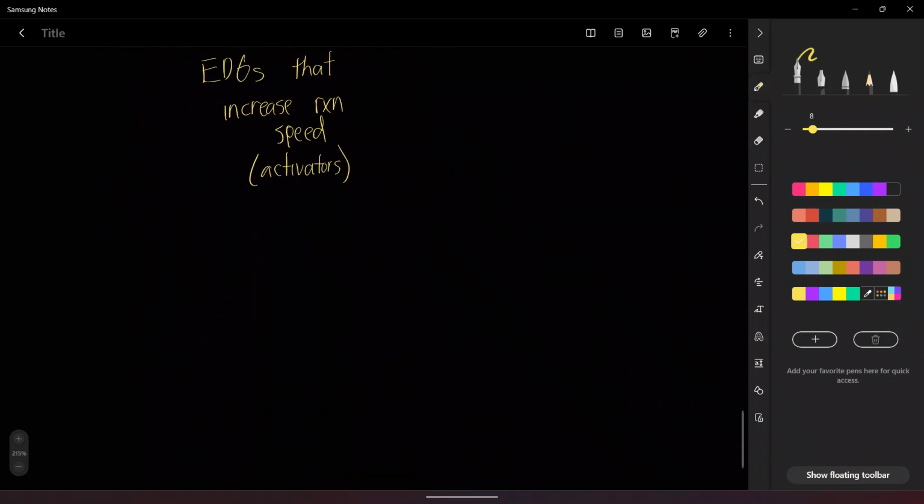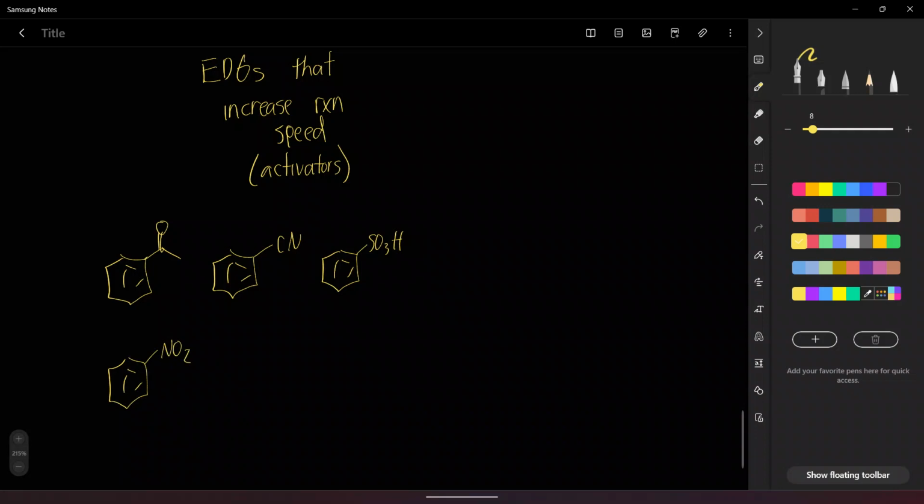And likewise, all of the meta-directing groups, all of the electron withdrawing groups, they are going to pull electron density out of the ring. And because they're pulling electron density out of the ring, they're going to make the ring less nucleophilic. And because the ring is less nucleophilic, it will be deactivated.